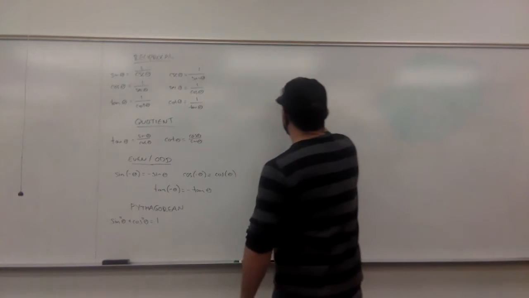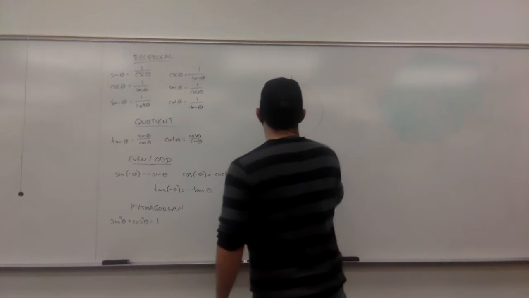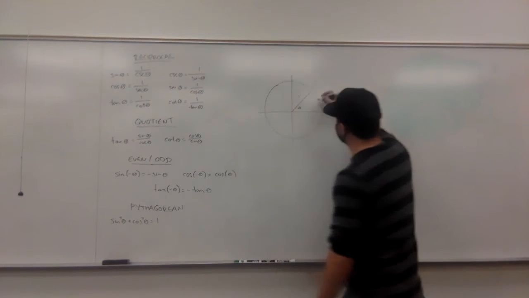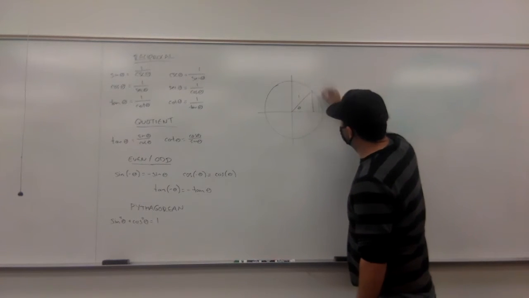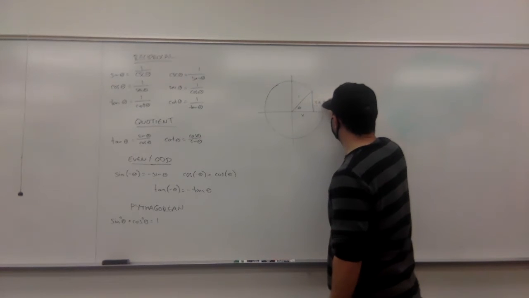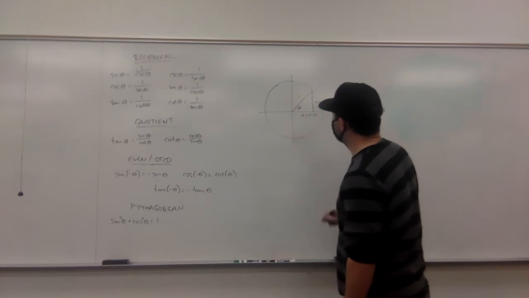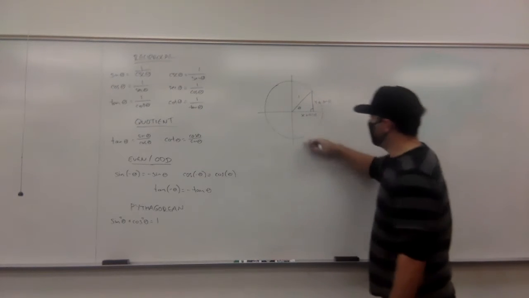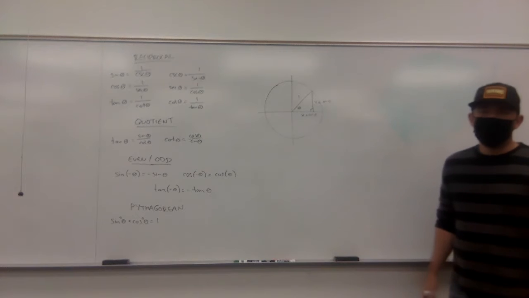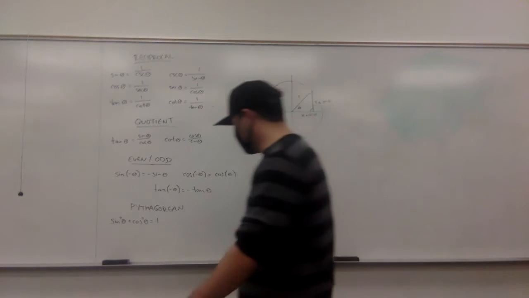So in the unit circle, we have some angle theta. Right, the radius of the unit circle is always 1, and the two sides, x and y, are equivalent to sine theta and cosine theta. So just by the Pythagorean theorem, we have cosine squared theta plus sine squared theta equals 1. So that's one of our Pythagorean identities.